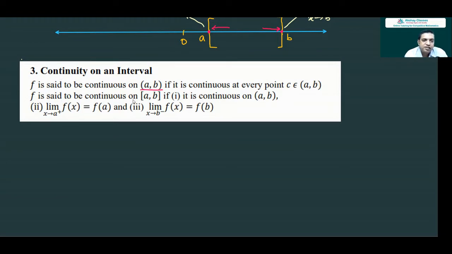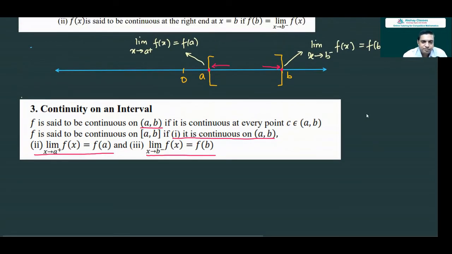However, if a function is continuous on the closed interval [a, b], then it should be continuous on the open interval (a, b). It should be right continuous at a, the left end of the interval, and it should be left continuous at b, the right end of the interval.